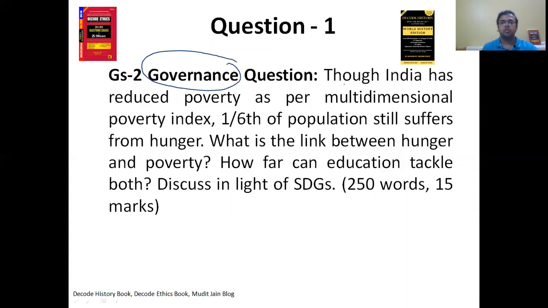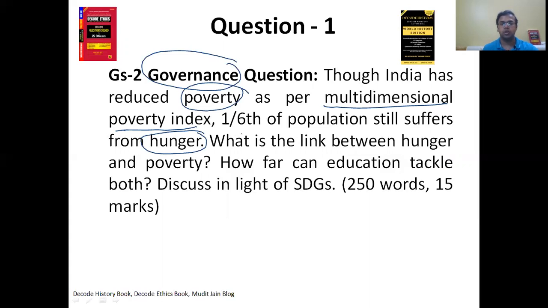The question is: though India has reduced poverty. As we read, we underline keywords and try to identify subparts as we did in the previous session. So here the first keyword is poverty. Though India has reduced poverty as per the multi-dimensional poverty index, it is the second keyword. 1/6 of the population still suffers from hunger.